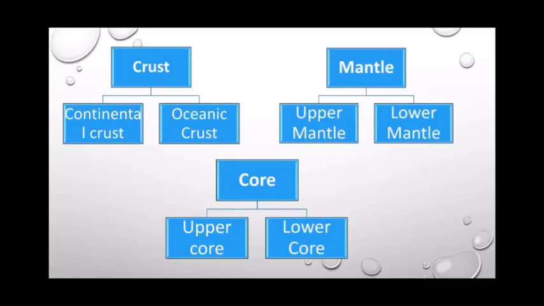Crust is further divided into continental crust and oceanic crust. Mantle is further divided into upper mantle and lower mantle. And core is further divided into upper core and lower core.